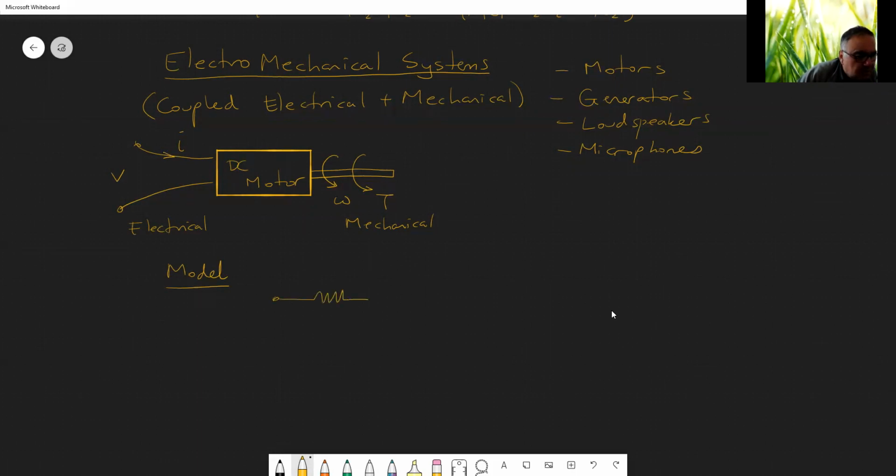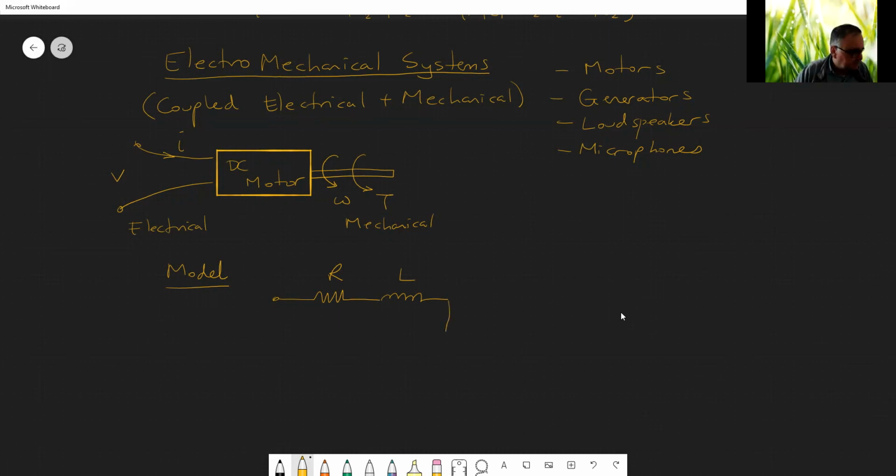The electrical motor has a winding that has a resistance of R. This is the resistance of the winding of the motor. And the winding has some inductance which we will model by L. This might be something very small, but still it might exist.